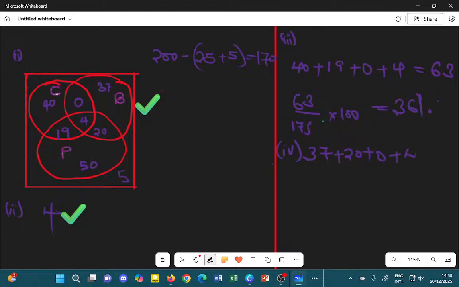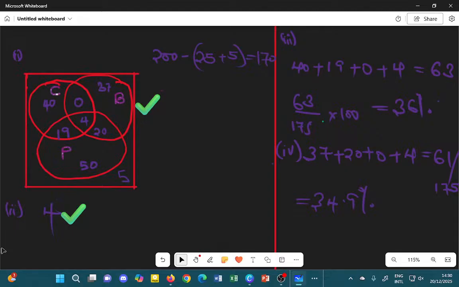Then all the 3 is 4. So that gives me a total of 61. So I get 61 out of 175. This gives me 34.9%.